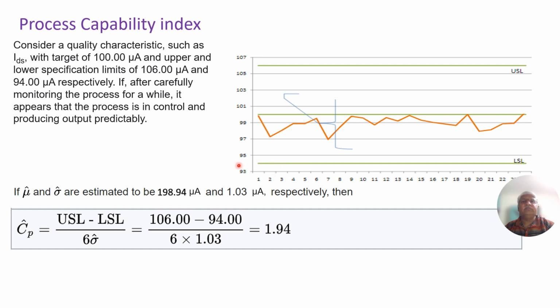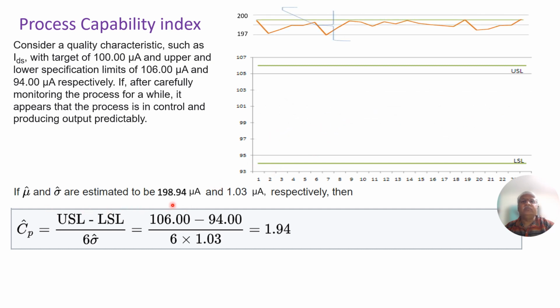Assume that the mu has now become 198.94 instead of 98.94 earlier. So the mu is here, and sigma is exactly the same. Assume that it is varying exactly as before. So it is exactly the same, only mu has increased.